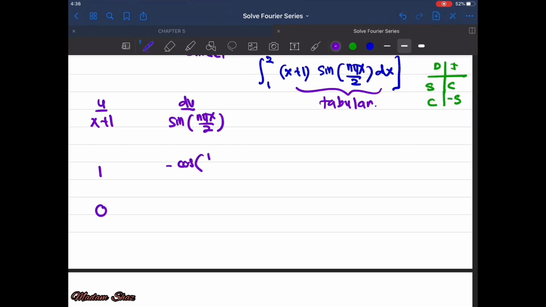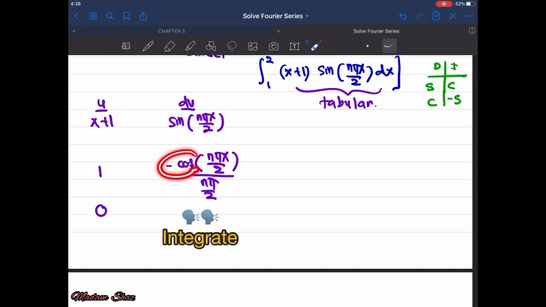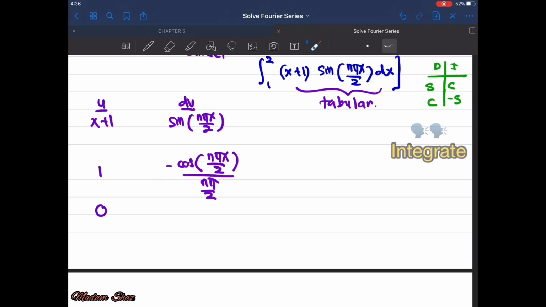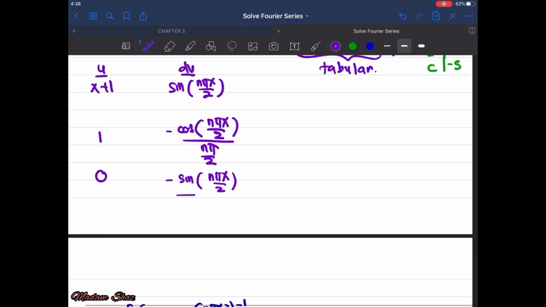Negative cos n pi x over 2 divide with n pi over 2. Integrate negative cos will become negative sine. Negative sine n pi x over 2 divide with n pi over 2 the power of 2.